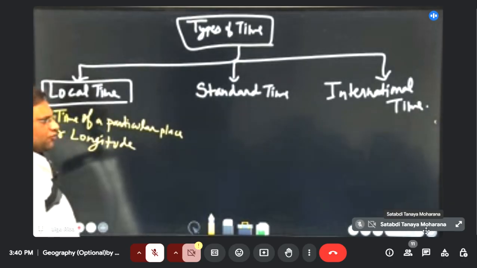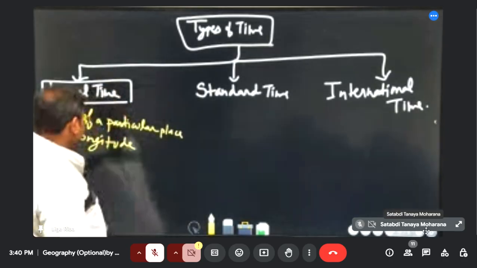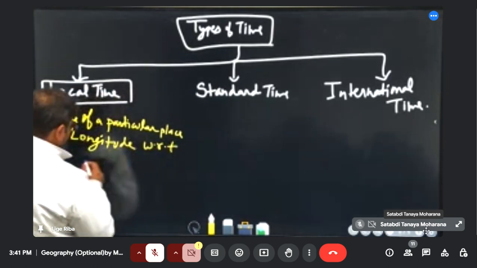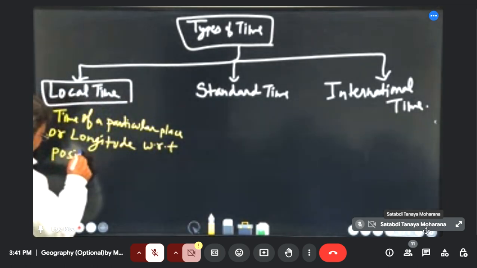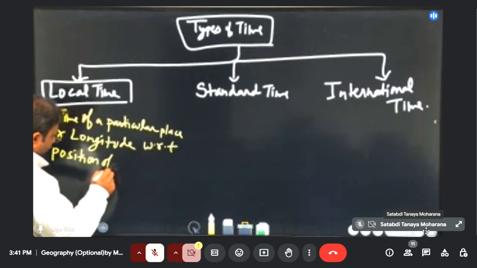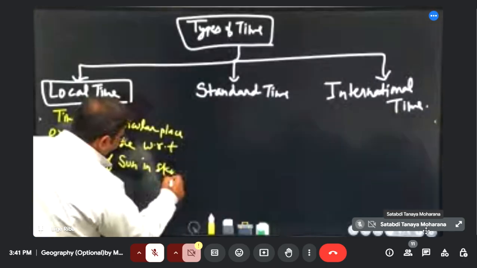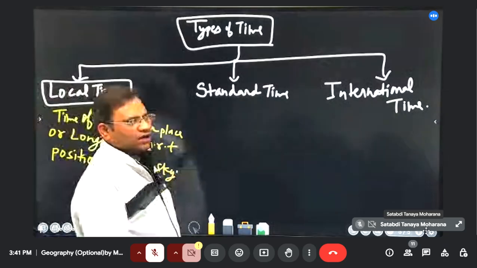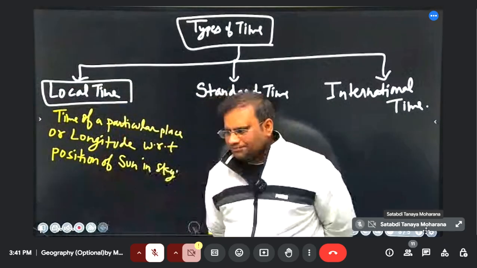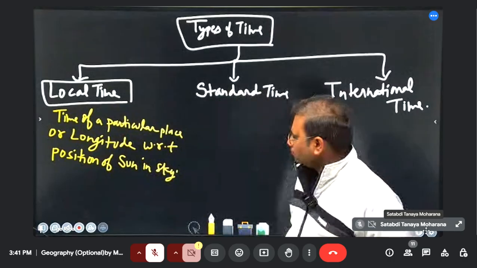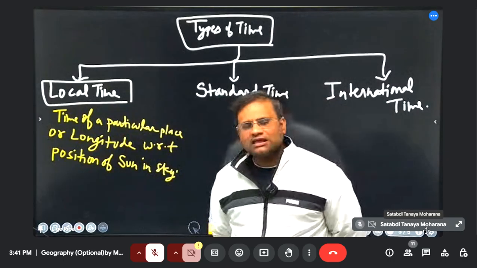So the time of a particular place or longitude with respect to the position of the sun in the sky, that is called local time. Alright, dear? With respect to the position of the sun in the sky.